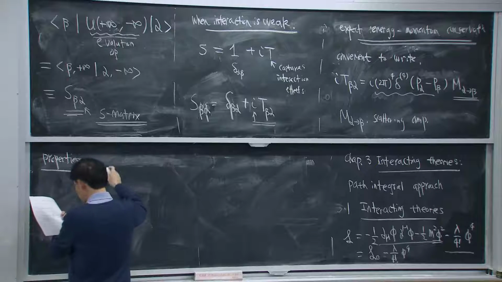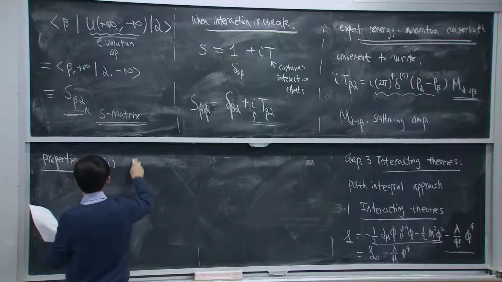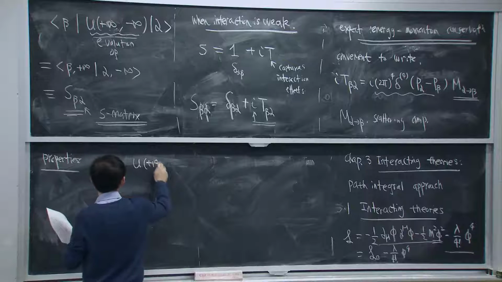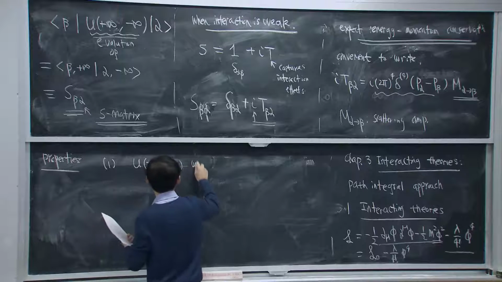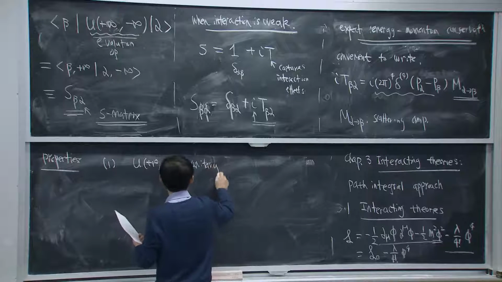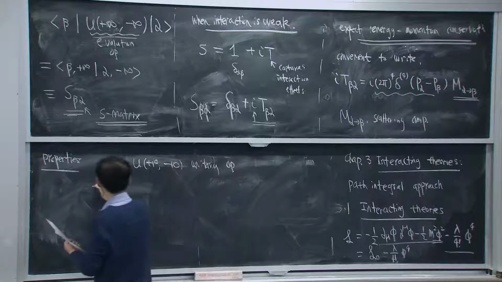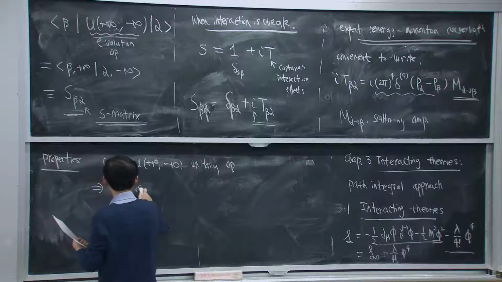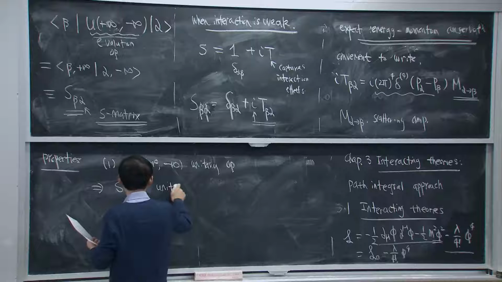Since U is a unitary operator, that means that S is a unitary matrix.